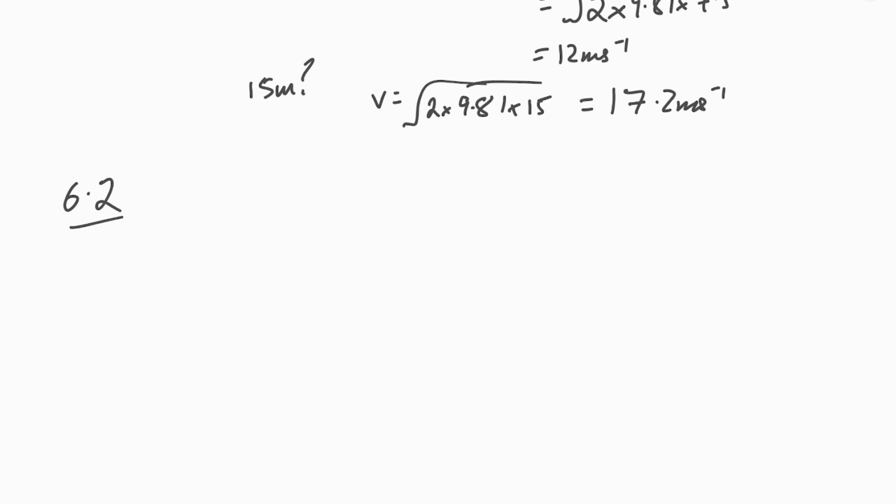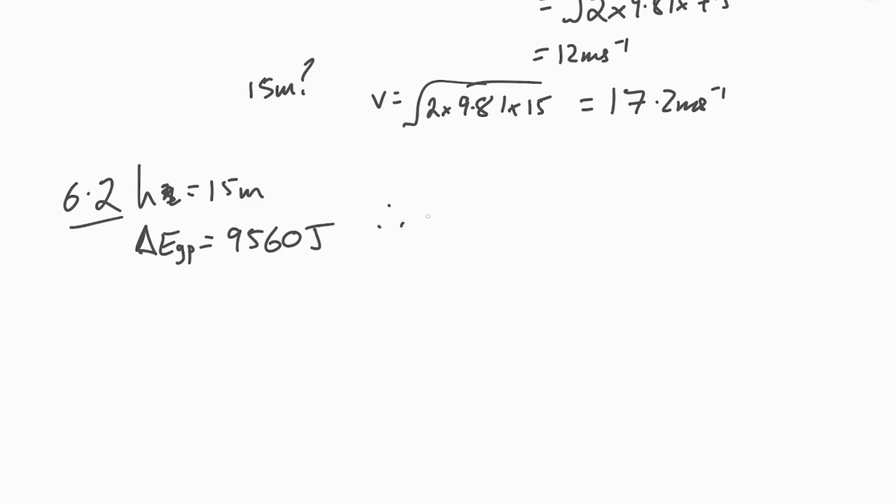6.2, when the boy's centre of mass falls a distance of 15 meters, the difference in gravitational potential energy is 9,560 joules. Calculate the mass of the boy. Okay, so this is a year 9 question, it appears. So we're going to say h is 15 meters.